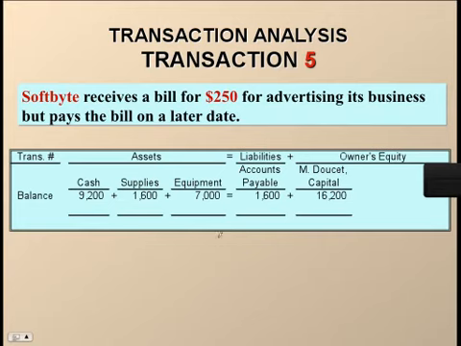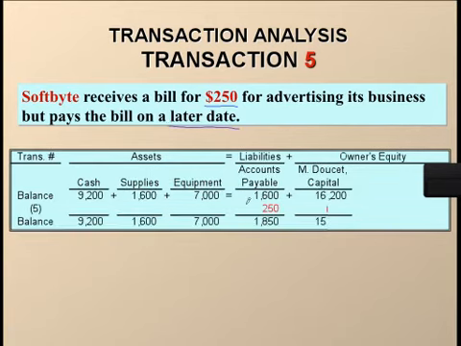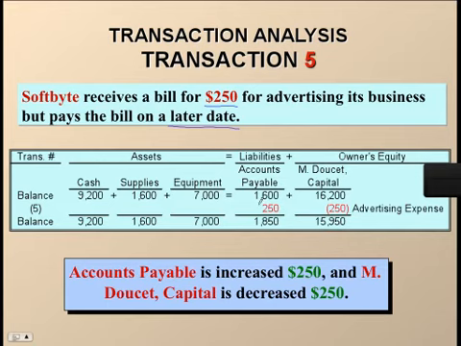Now, transaction number 5, SoftBite received a bill for $250 for advertising its business, but pays the bill later. So we owe money, which you can see here, we owe $250, so our accounts payable went up. But this was an expense, advertising expense. And if you recall, expenses decrease owner's equity, which is why we have the brackets around it here.